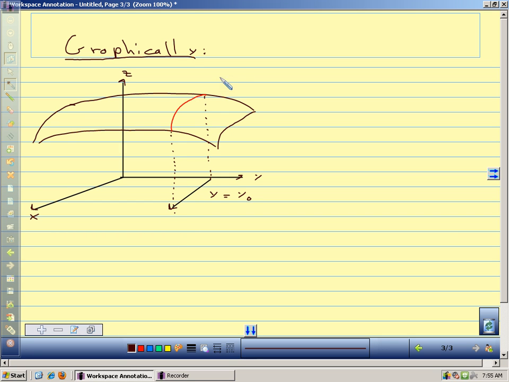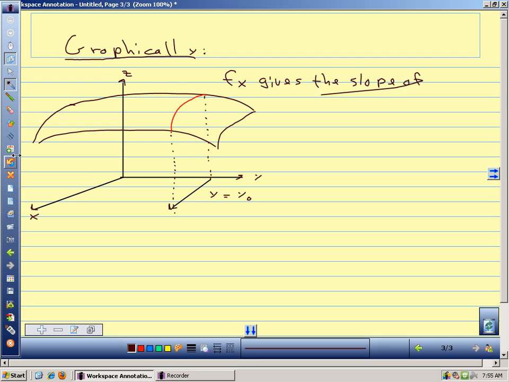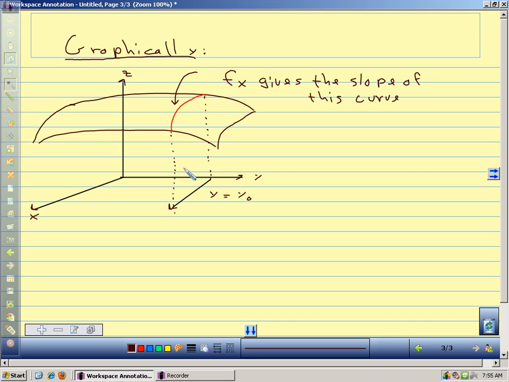F sub x gives the slope of this curve. So we're holding y constant along this curve, and our partial derivative with respect to x gives the slope of this curve at a particular point.